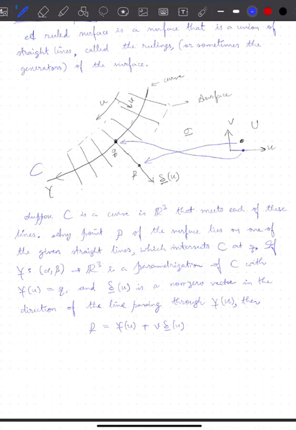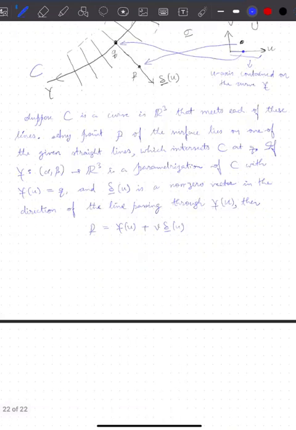It means that this part is contained on the surface. So the u axis is contained on the curve gamma vector. Okay, so you have P vector equal to gamma vector plus v delta for some scalar v.